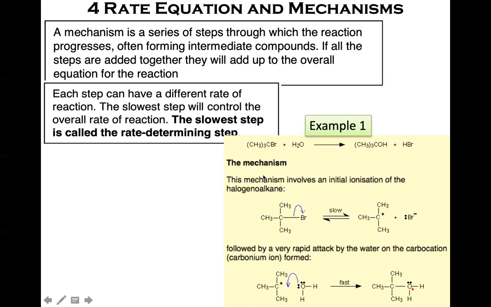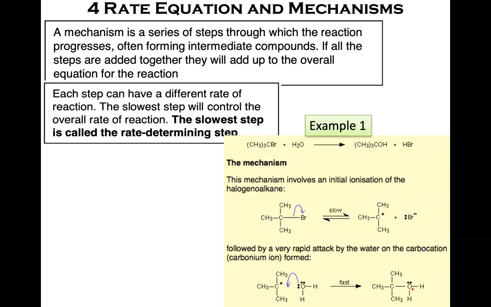Actually, there is no tool, no instrument that can be used to monitor a mechanism. A mechanism is solely something that chemists come up with based on evidence. There is no microscope that can show you the bond breaking or the electron moving.